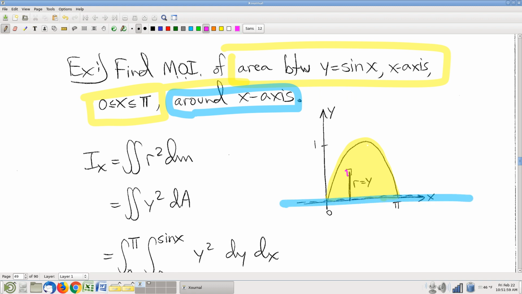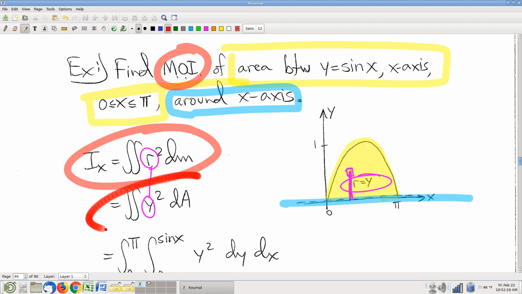Here's the distance from a generic point to the axis that you're rotating around. You look at the geometry of this picture. Clearly R is equal to y, right? And therefore your formula for moment of inertia, we're trying to find moment of inertia. There's your generic formula for moment of inertia, and it simplifies to this in that case. And now you've got a double integral, off to the races.